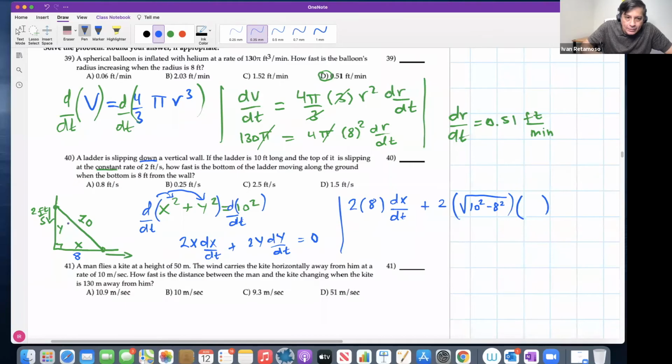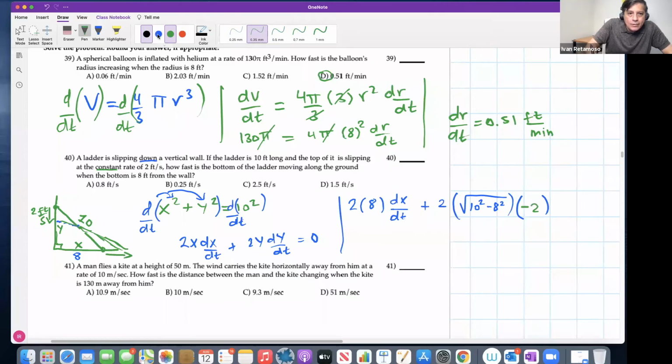At another moment, the ladder will look like this, so y is decreasing over time. That's the reason, guys, why you have to put a negative rate of change for y, because it's decreasing. The ladder is falling this way. So very important here, negative 2.